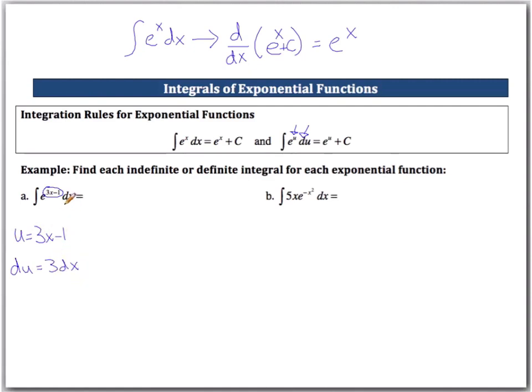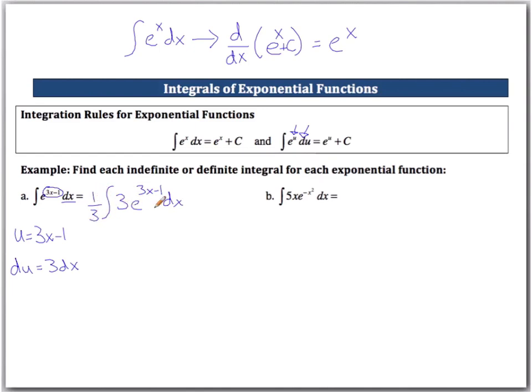And then we simply check, do we have 3 dx up here? Well, no, we're missing a 3. So what we're going to do is place a 3 in here. And when we multiply by 3 in the integrand, we're going to multiply by 1/3 outside to balance it.